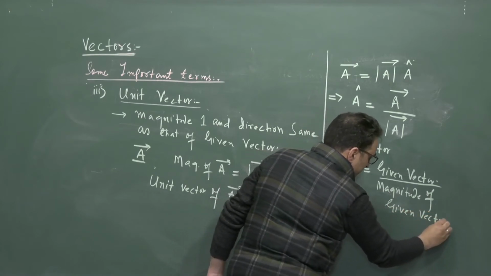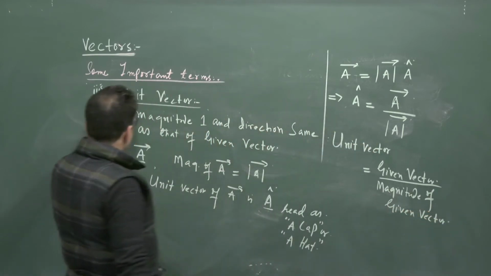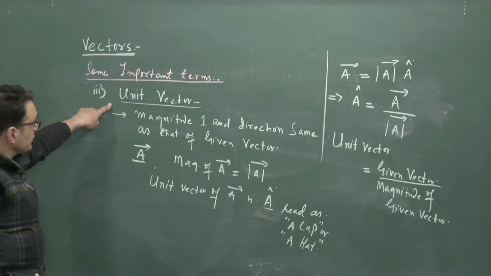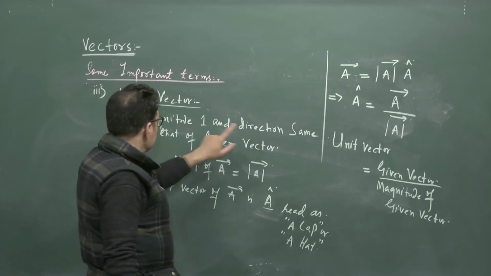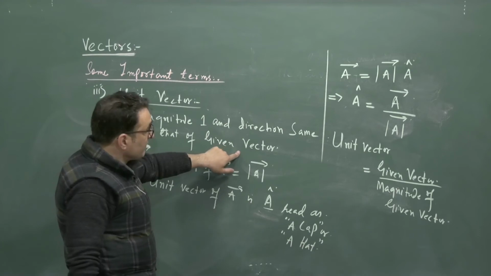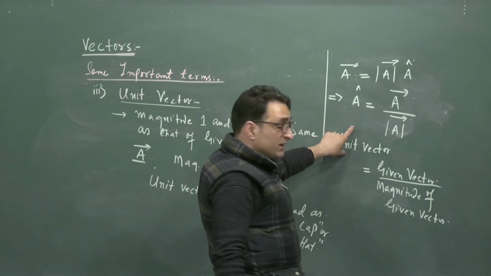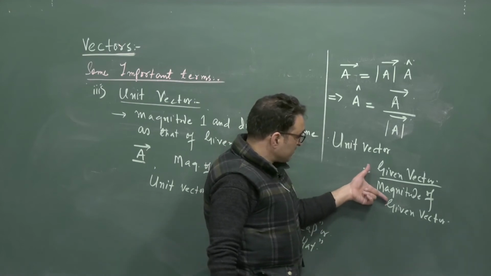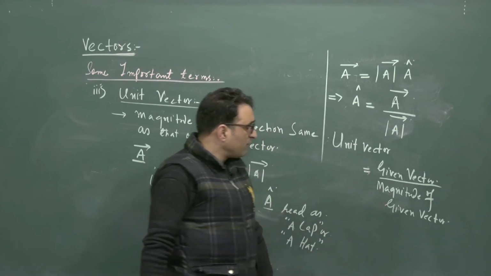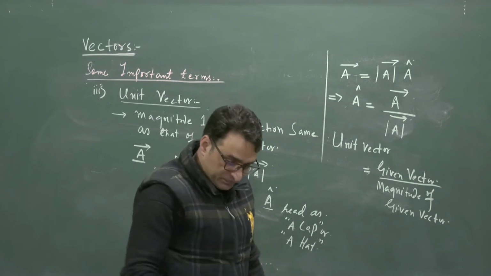This is another definition of the unit vector. Here we define this as the vector of magnitude 1 and direction same as that of the given vector. Another definition: the unit vector of a given vector is defined as the ratio of the given vector to the magnitude of the given vector.